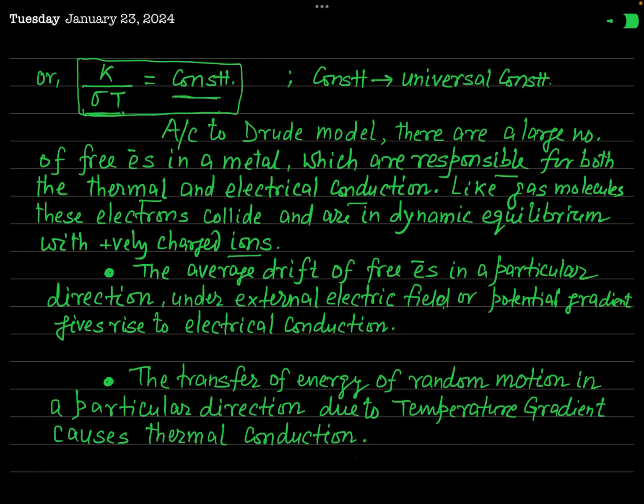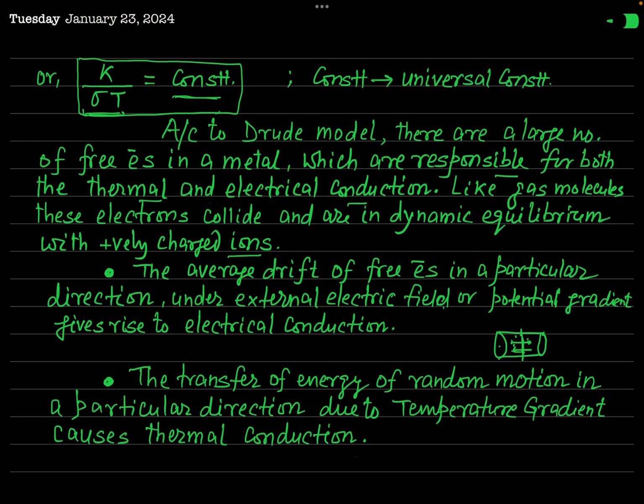Actually, you have seen that when there is a specimen of metal like this, in the absence of any external electric field or potential gradient, the free electrons inside this metal move randomly. And so the probability of electrons crossing any section of this specimen from left to right and from right to left is the same.